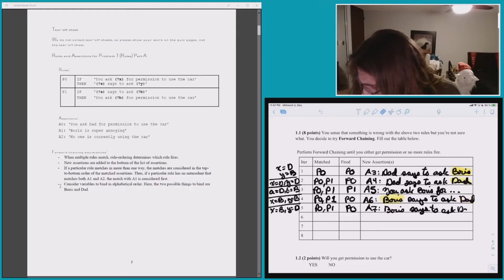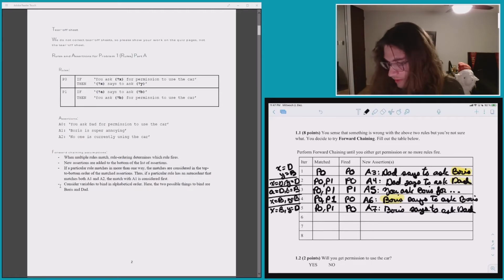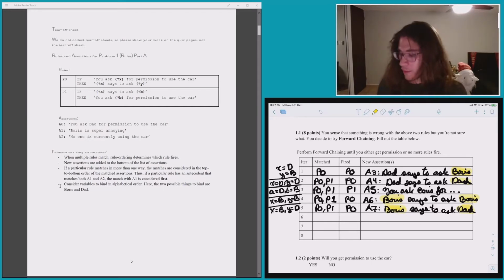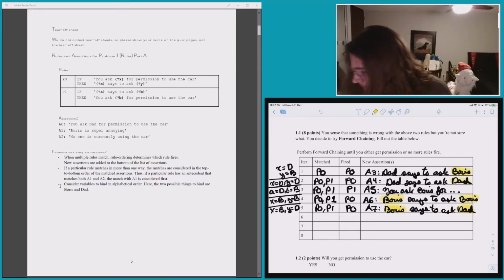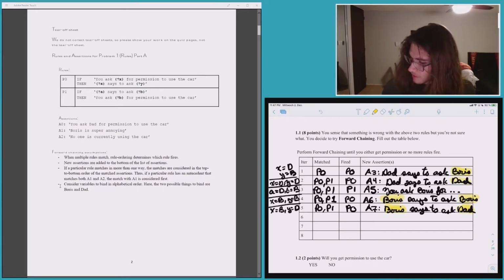In the previous one, it was Boris says to ask Boris, alphabetical order, and then Boris says to ask dad. I swear it's the pressure of solving problems in front of a camera. Okay, so assertion 6, Boris says to ask Boris.